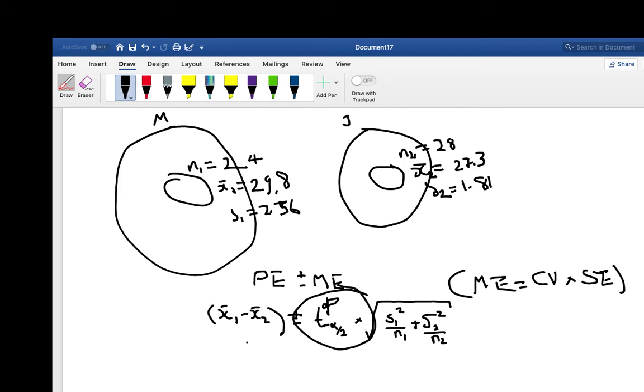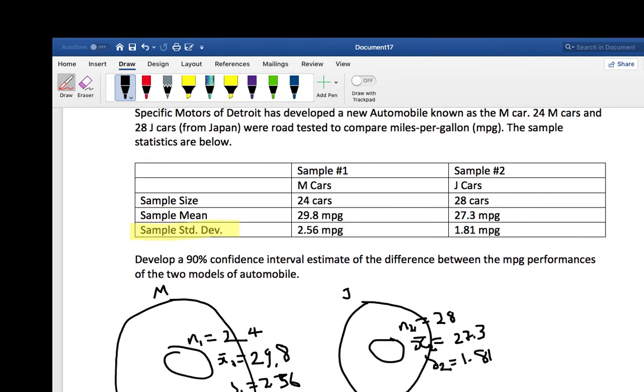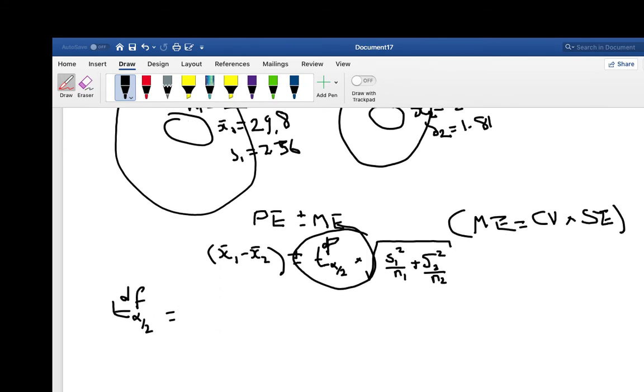So we've got t of alpha over 2 and a certain number of degrees of freedom. What was alpha for this question? We want a 90% confidence interval, so alpha is going to be 10%.